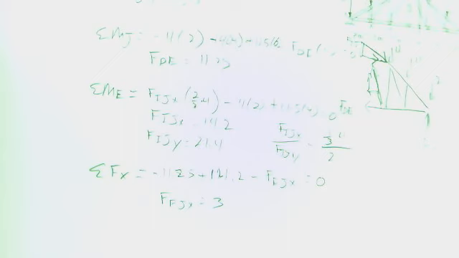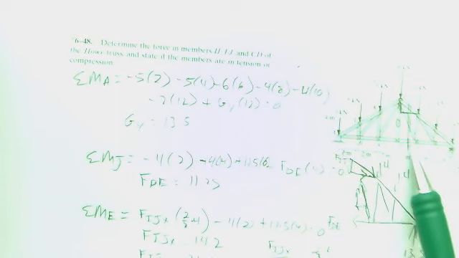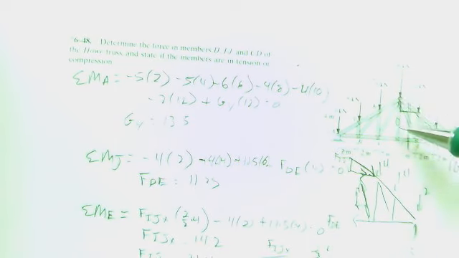Now if we look at the geometry here, the length here is 2, and the height here is 4. Therefore, we know the vertical component will just be twice the horizontal component. So FEJ in the y is equal to 6.